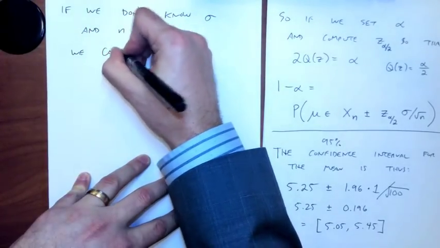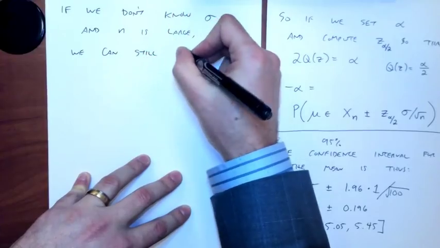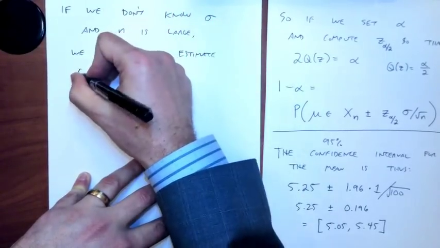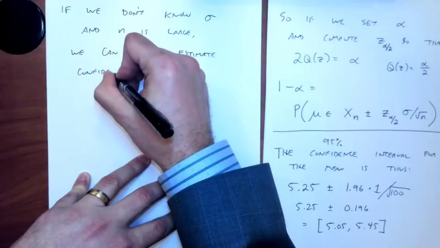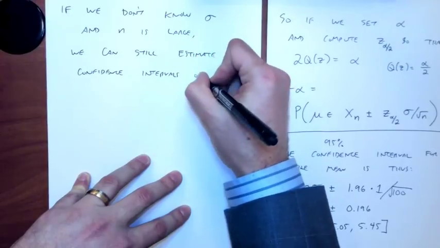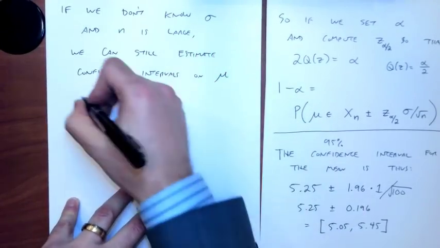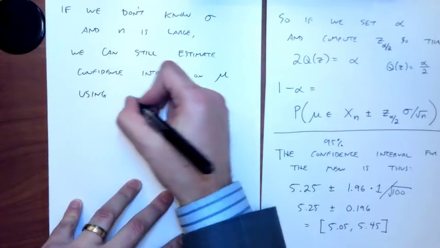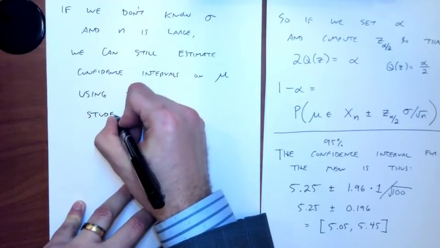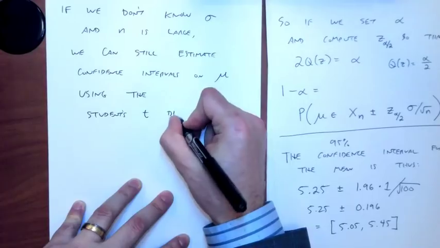So we can still estimate confidence intervals on the mean using some additional stuff. And maybe you've heard of the t-distribution, the student's t-distribution.